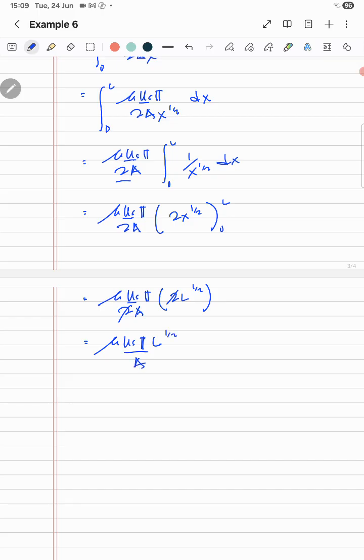All the values we already obtained, so again we substitute: mu is 1.71 times 10 to the power of minus 5, multiplied by us, u stream is 35, multiplied by pi, multiplied by L to the power of 1 over 2, over a.